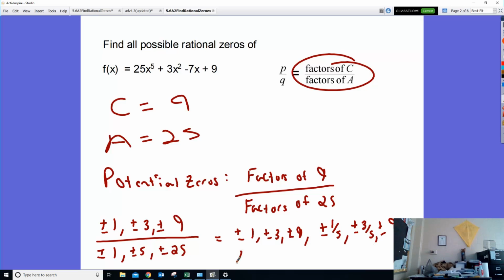The last thing I'll do is I'll divide everything by 25. So if that thing has a rational zero, it's in that list. It's a really simple theorem.